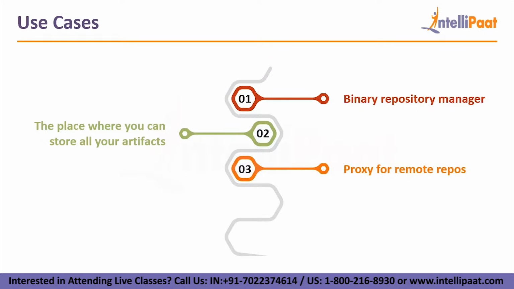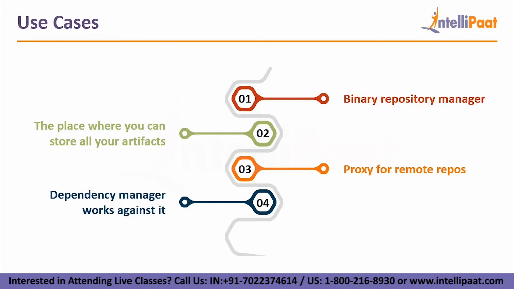It's a proxy for remote repositories, which means it acts as a proxy for getting those remote repositories. If a tool inside our code pipeline wants to use a repository that is not inside the intranet of the company or of the team, then JFrog can act as a proxy and get the remote repository for the tool.